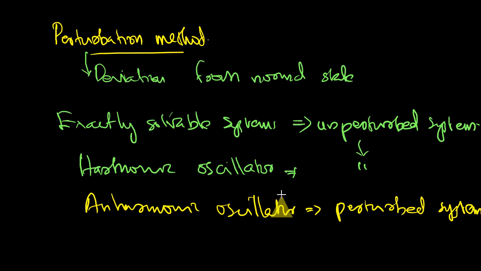So while the harmonic oscillator is an unperturbed system, the anharmonic oscillator is a perturbed system. It means that it is not possible to get the exact solution of the Schrodinger wave equation for the anharmonic oscillator. And we can take another example.